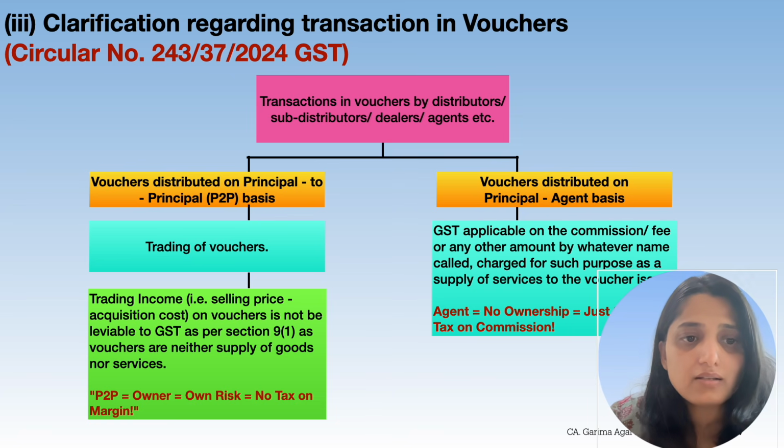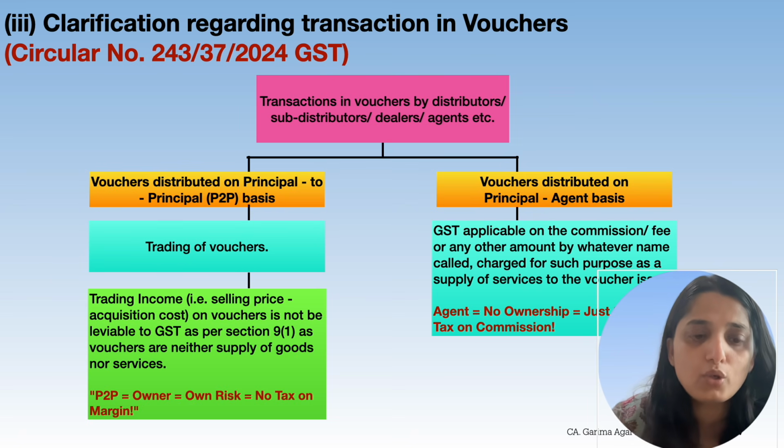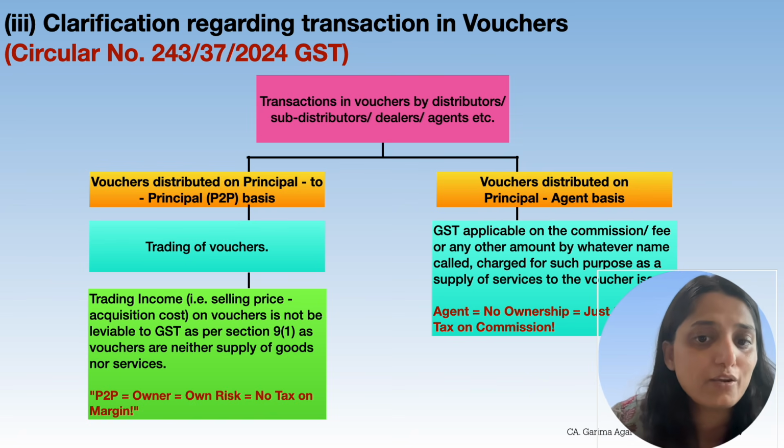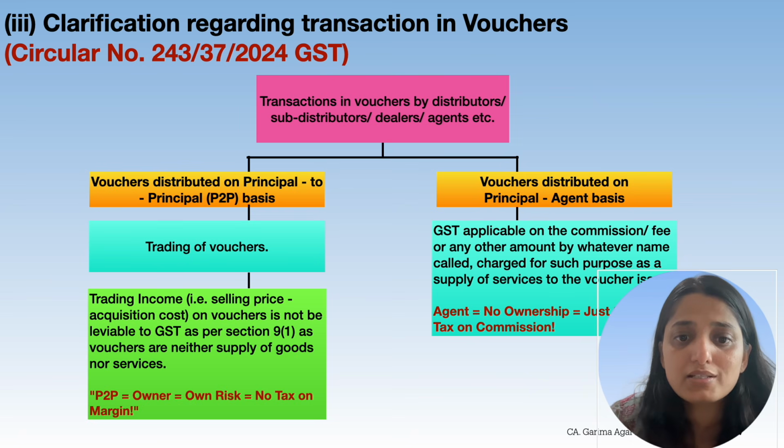Now let's understand what the GST treatment should be when there is a principal to principal transfer. As per the law, when there is a principal to principal transfer of vouchers, the sale or issuance of vouchers is not a supply. We already discussed in the previous slide that the sale of vouchers is not subject to GST. It is neither treated as supply of goods nor as supply of services.